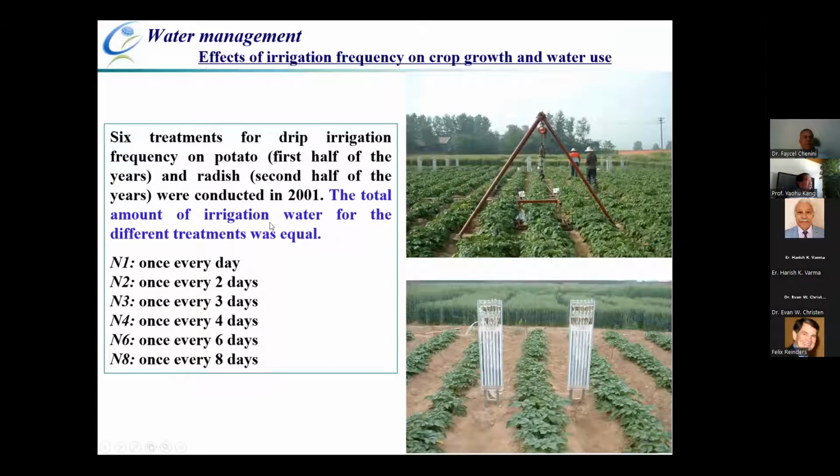Firstly, we designed 6 treatments for drip irrigation frequency for potato and radish. That is once every day, once every 2 days, once every 3 days, once every 4 days, once every 6 days, and once every 8 days. The total amount of irrigation water for the different treatments was equal.